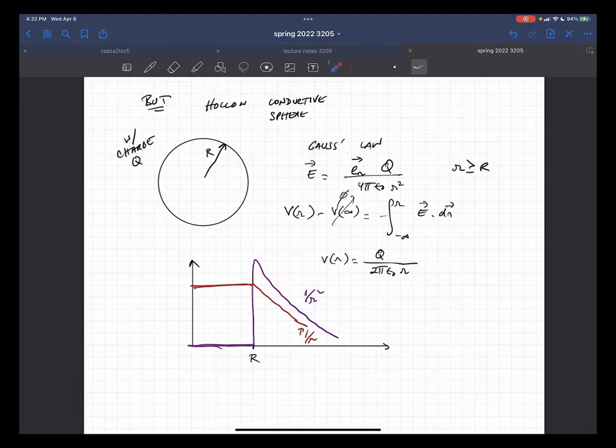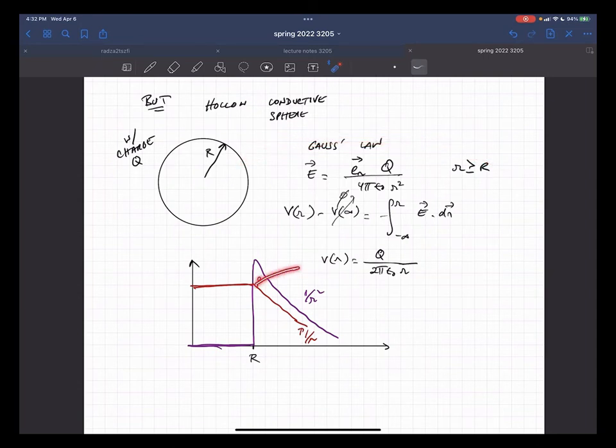Because think about what you're doing here in terms of the potential versus the electric field. The electric field goes to 0, but in terms of the potential, you're doing a certain amount of work to bring a charge from infinity closer and closer to the sphere. As you go inside the sphere, you're no longer working against an electric field, because there is no electric field inside the sphere, but you're not erasing all the work you did to get the charge from infinity to the surface.